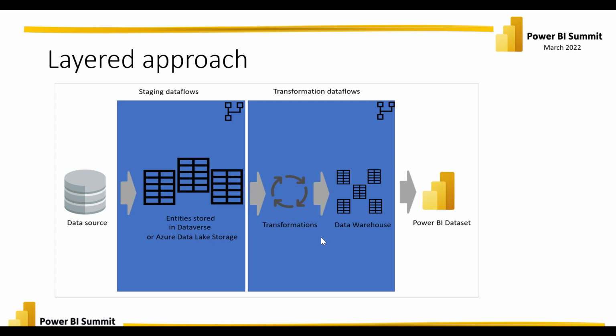And if there is something wrong with the transformations, only the transformation layer can be fixed. So that's why, if you notice the diagram, these two are like a layered approach in two separate boxes. By the way, all these diagrams are from Microsoft, so I have just reused them.